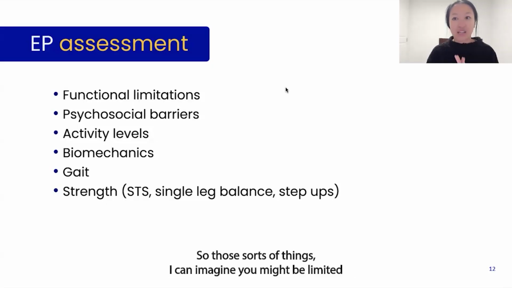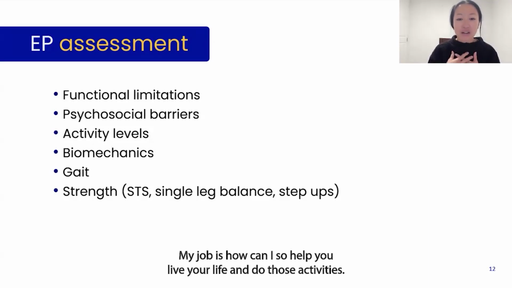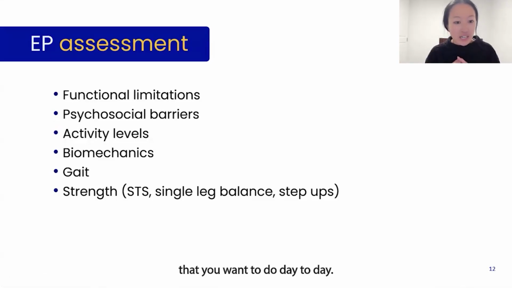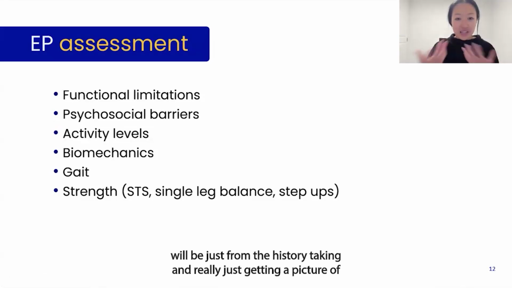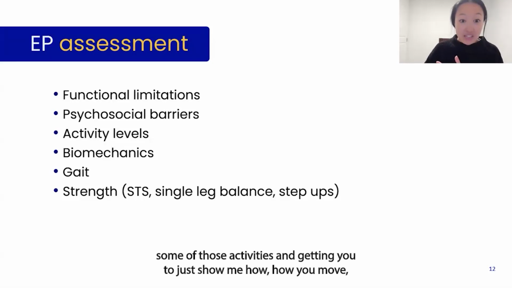So those sorts of things I can imagine you might be limited by, and of course want to still keep doing. So my job is, how can I still help you live your life and do those activities? But I need to understand what are the things that you want to do day to day. So part of that will be just from the history taking and really just getting a picture of your life, plus then looking at how you might do some of those activities and getting you to just show me how you move.